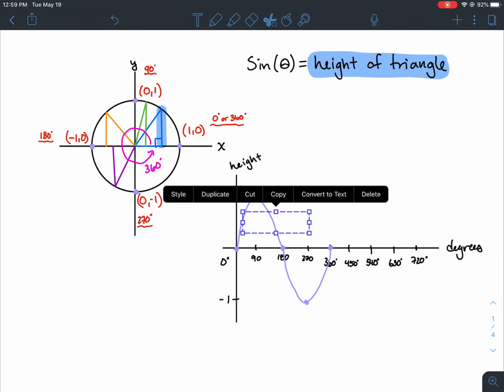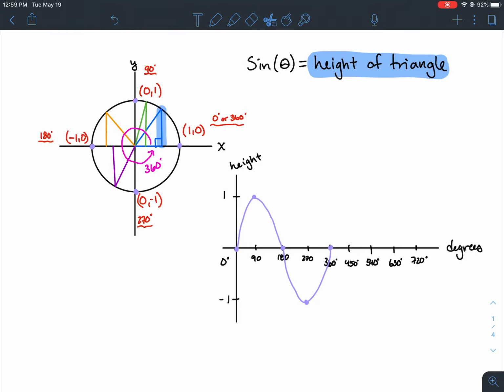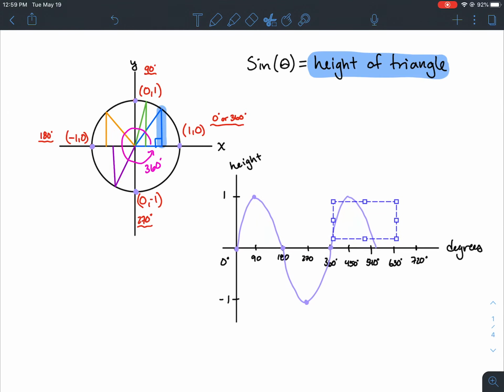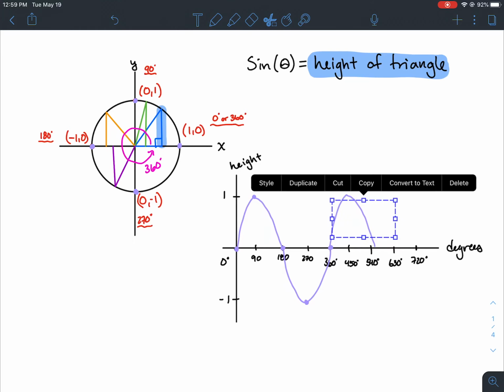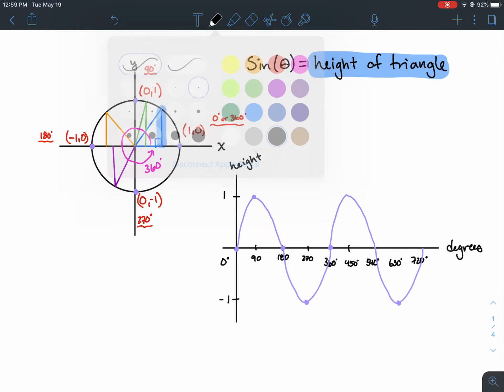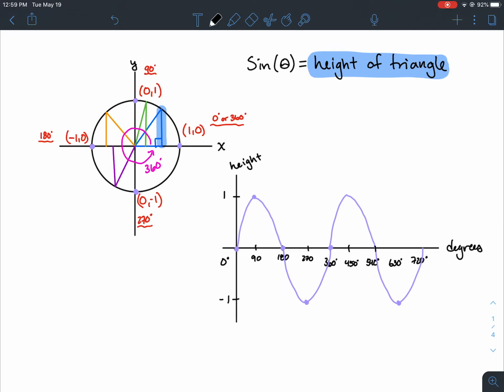So what we end up getting is our graph starts all over again. I'm going to switch these here so that it looks a little bit better. And it just repeats itself again and again and again.